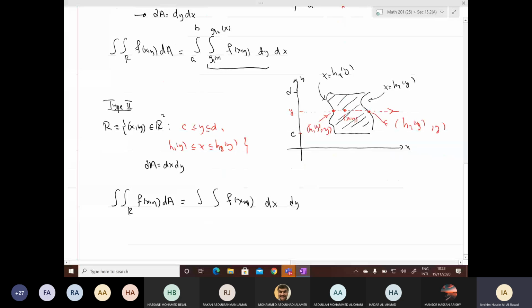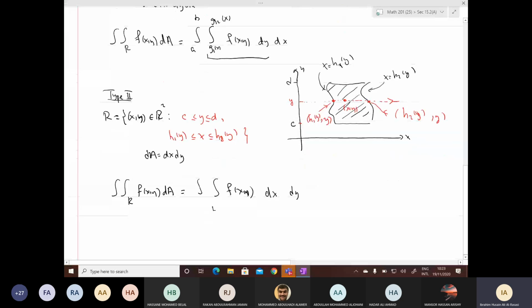Then write the limits from the description: inner with dx, outer with dy. The limits of x are h1 to h2. The limits of y are from c to d. Type 2 is exactly like type 1, but instead of working on the x-axis, you work on the y-axis. Lower and upper becomes left and right.